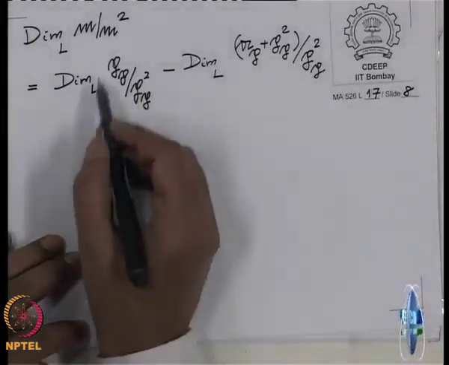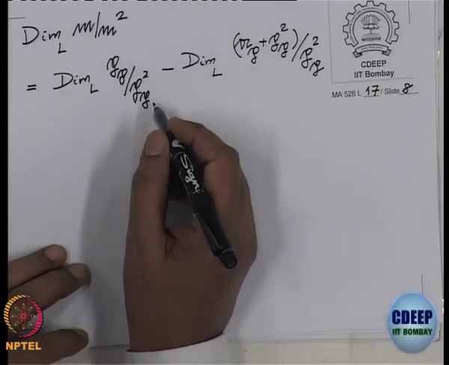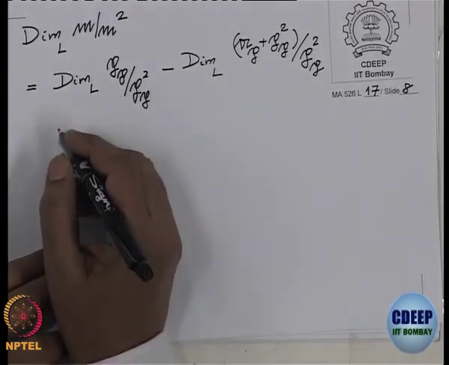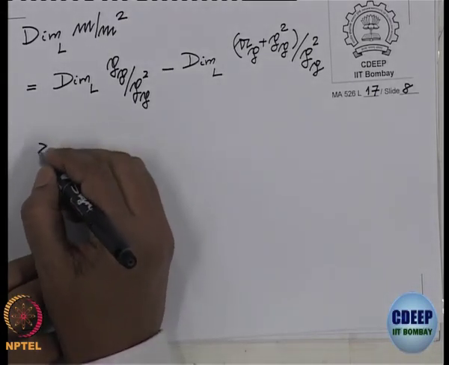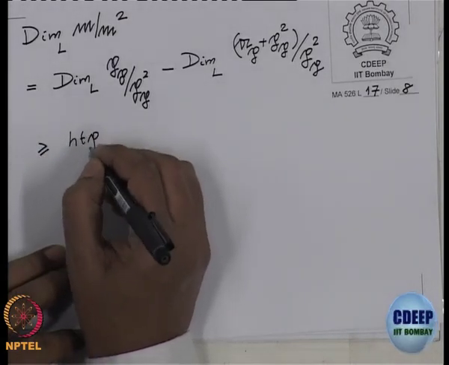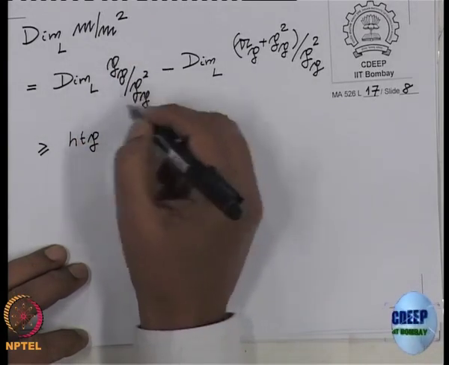Alright, but what is this? Isn't this bigger or equal to the height of P? This part. You see, because where is this?